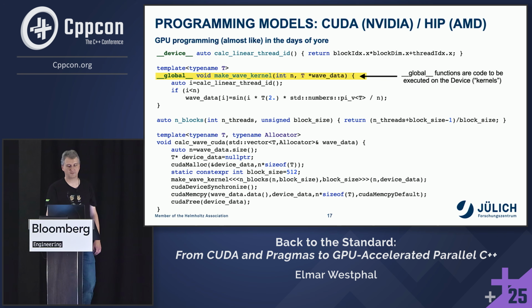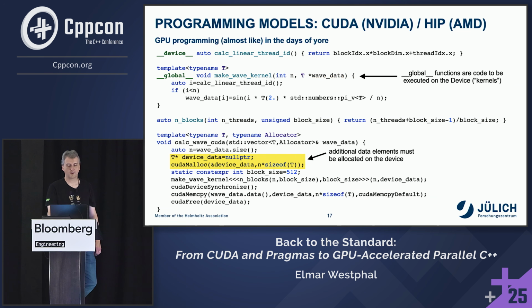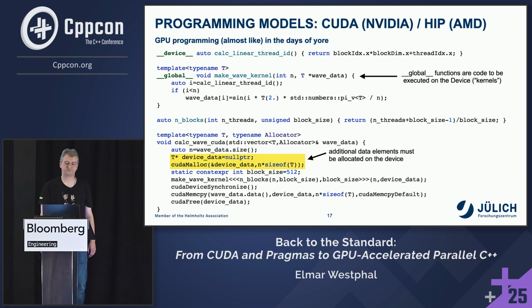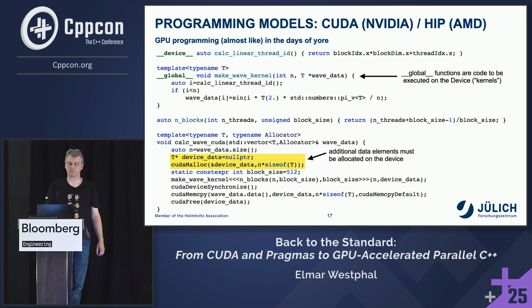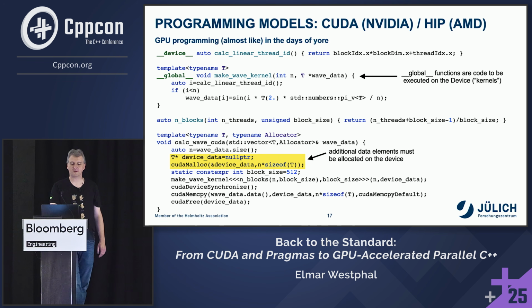So here we have a definition of the kernel with the global decorator, and down here we have to allocate device memory that can be accessed by the GPU. It goes into an extra pointer, and since this is the result of the computation that we actually want to do, we do not have to transfer it yet.